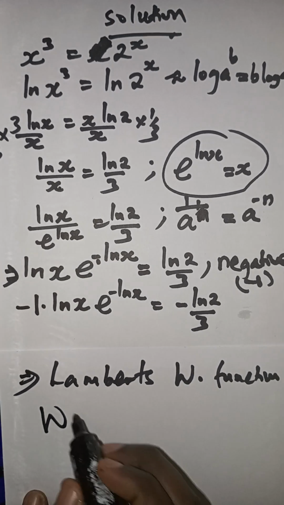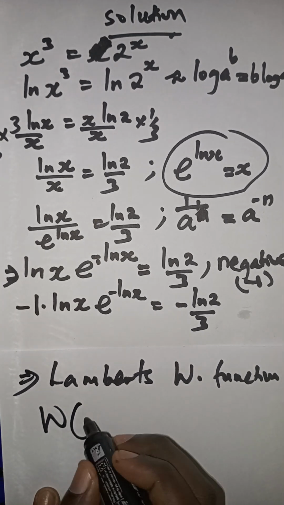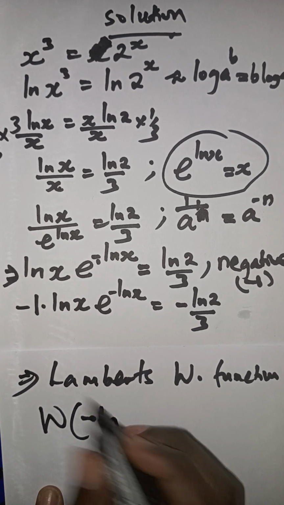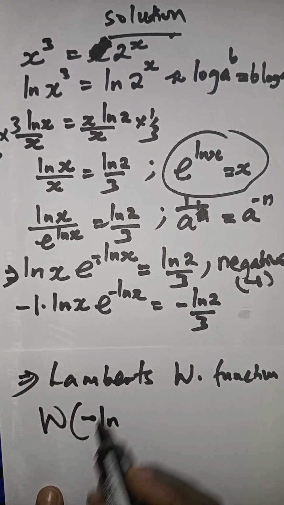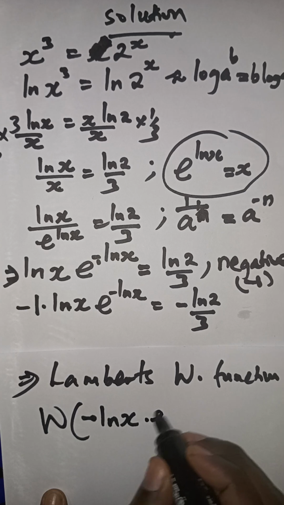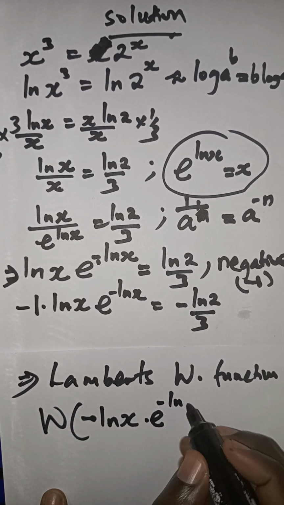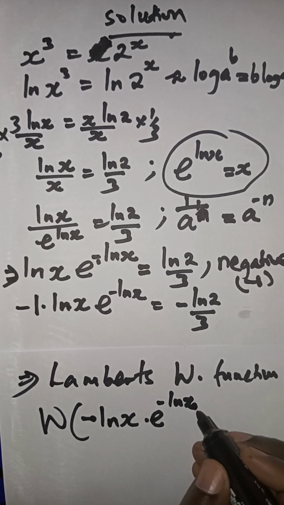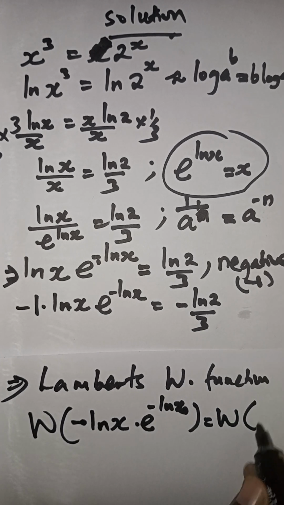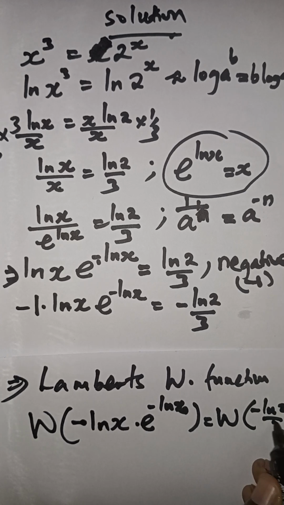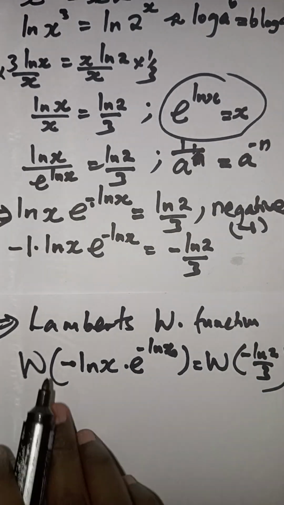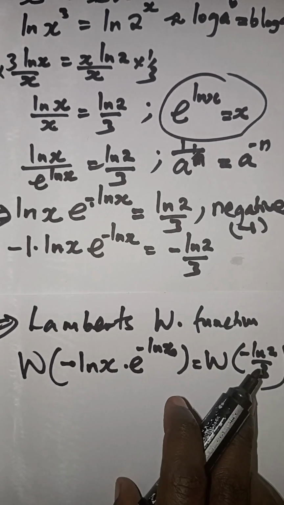Then it comes as W in bracket of -1 times the natural log of x, multiplied by the exponential of negative the natural log of x, should be equal to W of negative the natural log of 2 divided by 3. I've just introduced the W on both sides.